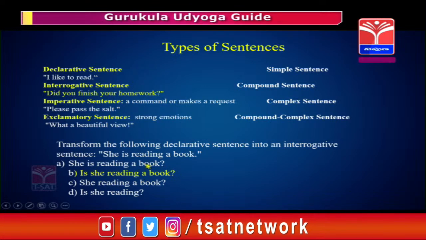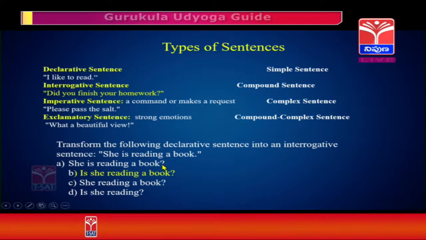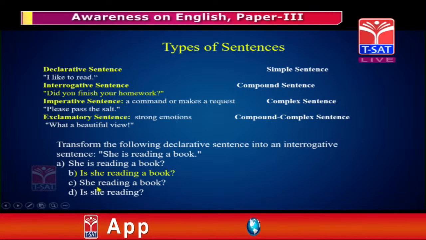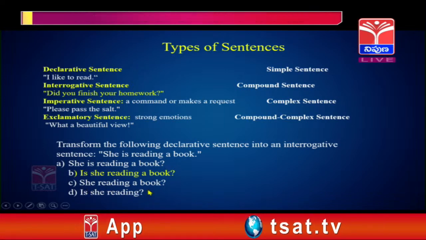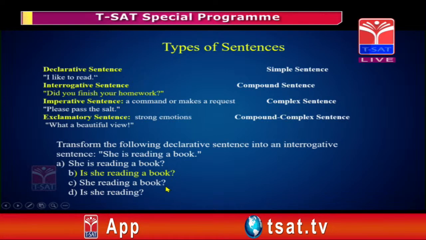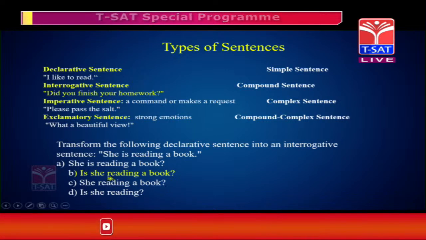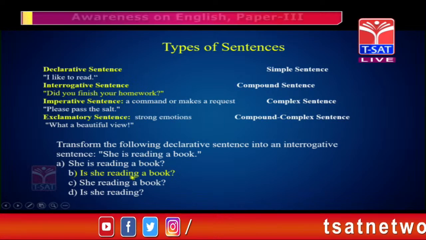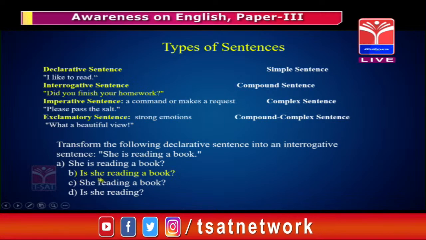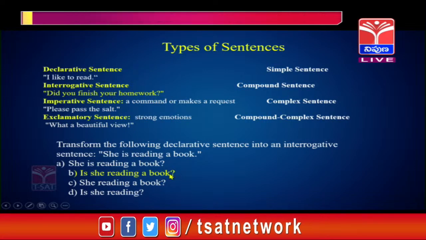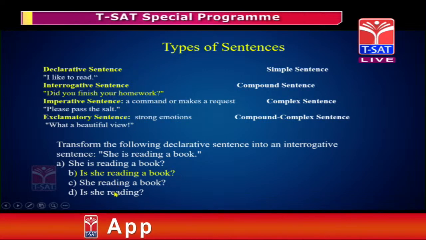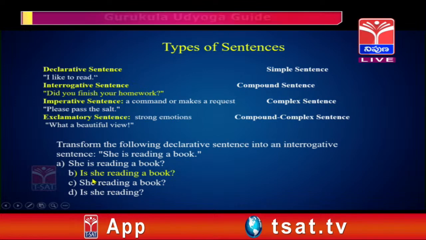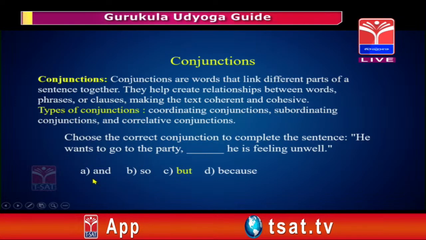She is reading a book is not at all an interrogative sentence. She is reading a book, no, this is also not an interrogative sentence. Is she, when we start with the auxiliary verb, is she reading a book? So we have the answer yes or no, whereas for the other options there is no scope. So, is she reading the book is the right option for this.